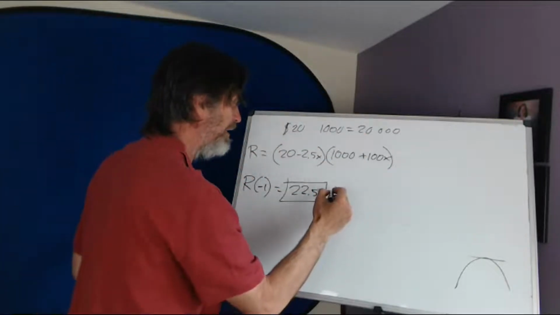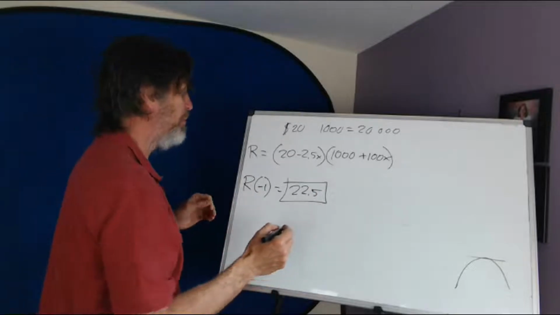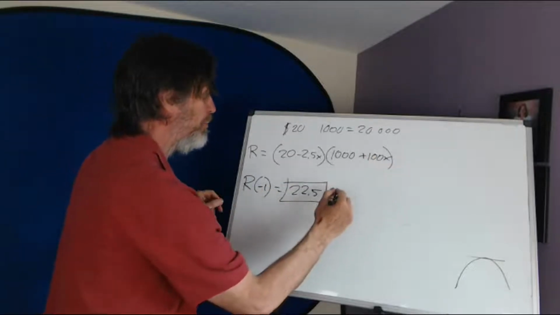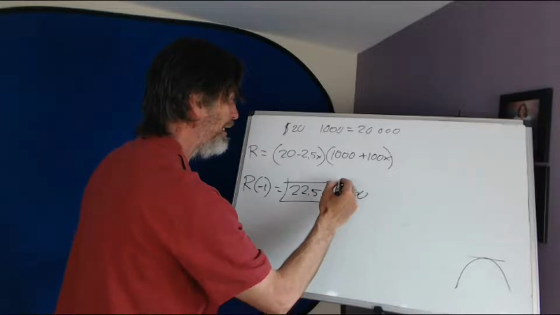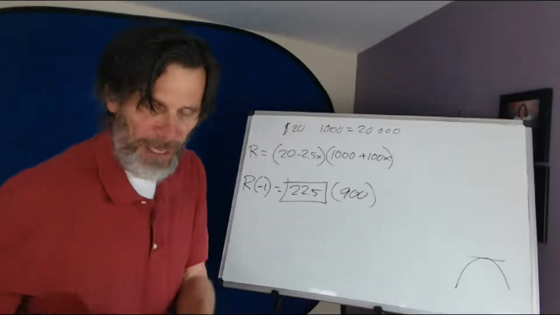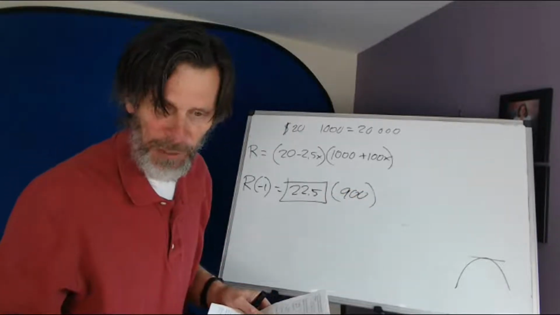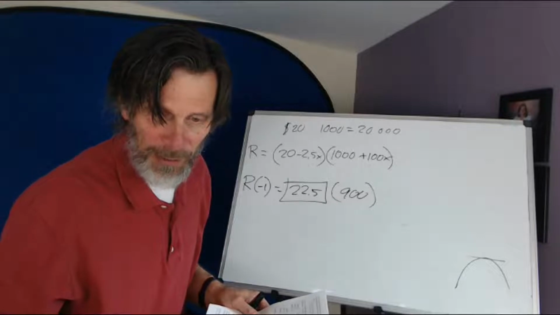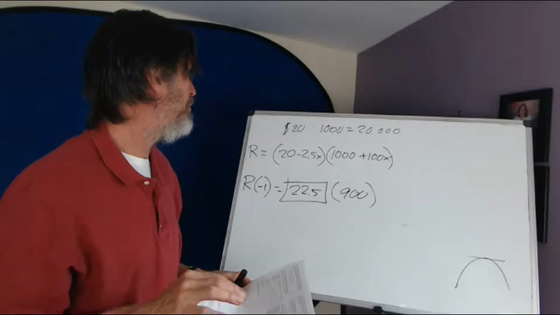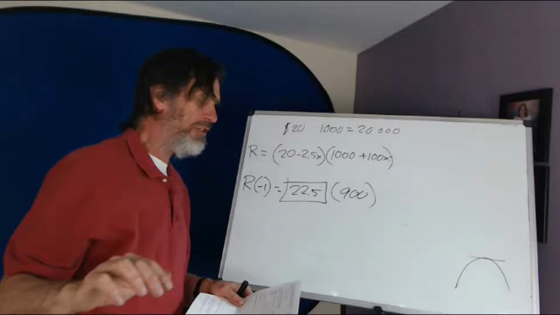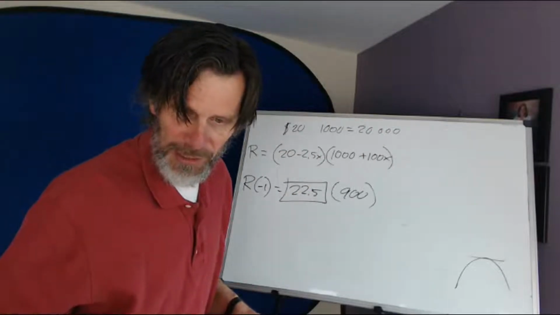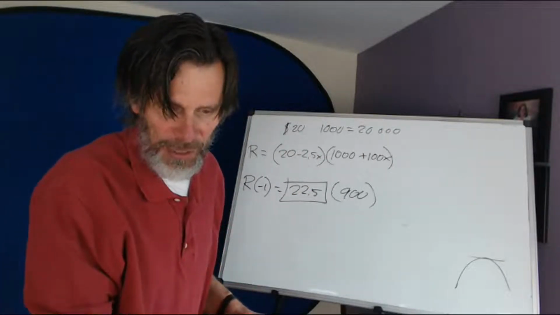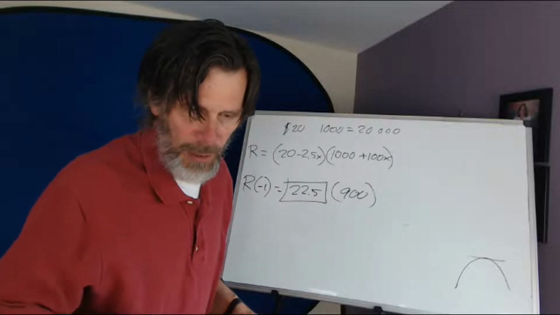Let's, just for the heck of it, figure out how many tickets are going to be sold then. If this is a minus 1, they'll sell 900 tickets. And if I multiply 900 by 22.5, it better come out higher than that original 20,000 that I looked at before they changed any prices. So this is how I like to check my work to make sure I haven't totally messed it up.